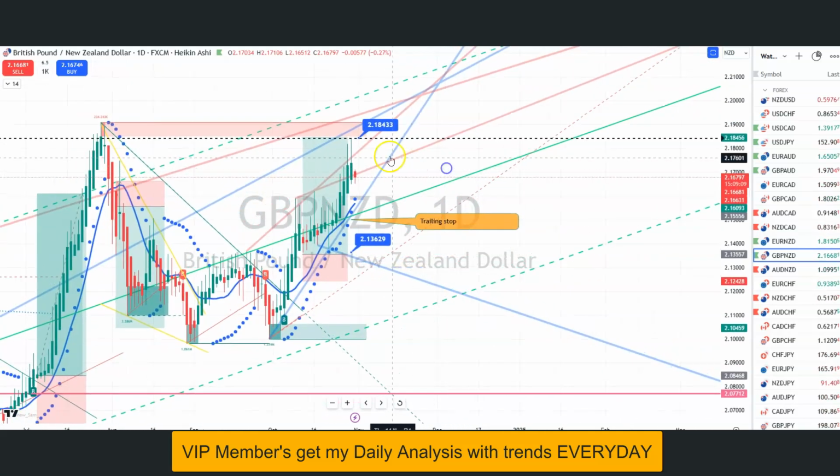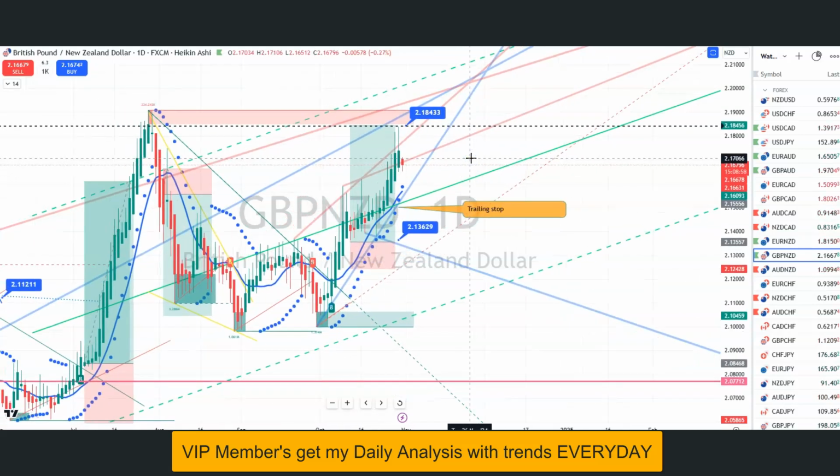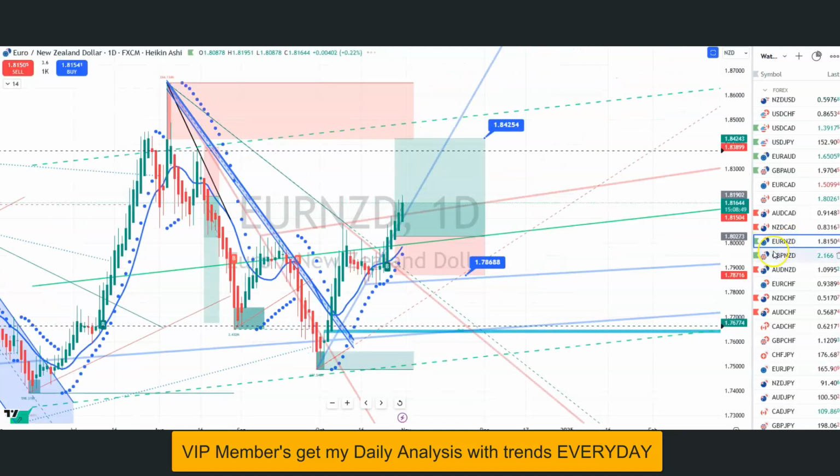So I did have a bigger target up here, but sometimes you're better off just reducing it slightly. I mean, 489 pips is a good number. And also, in addition to that, the Aussie New Zealand, it usually goes the same way, is a short for us. So it indicates further downside momentum is likely.